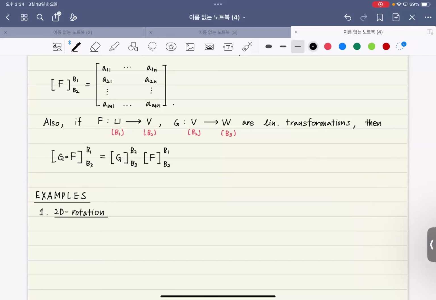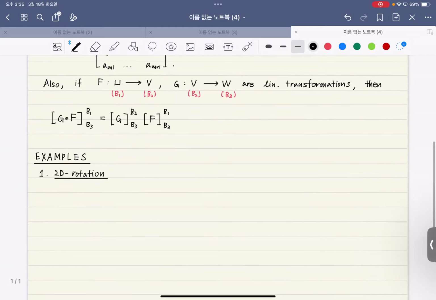Every choice of basis is equally important. However, for psychological reasons, we feel very comfortable. I believe working with the standard basis is the most convenient for most of us. So this is why I'm trying to write everything in terms of the standard basis. Okay, rotation first.